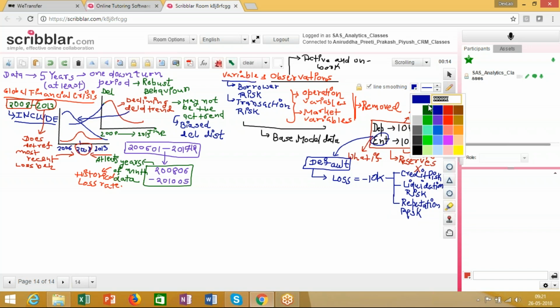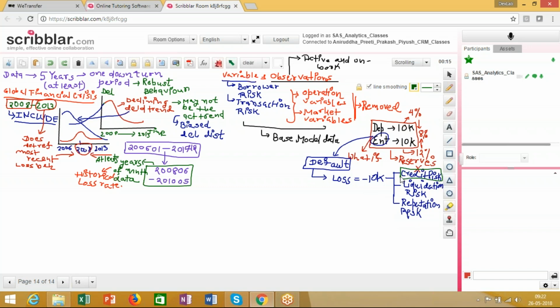So basically, the bank had not put sufficient business or risk management strategies in place, which would actually help them manage these kinds of default risks.